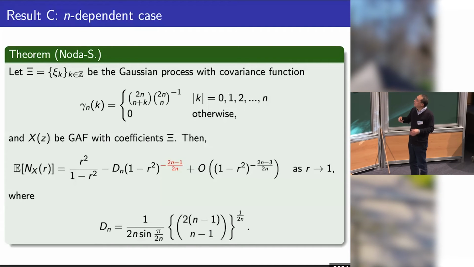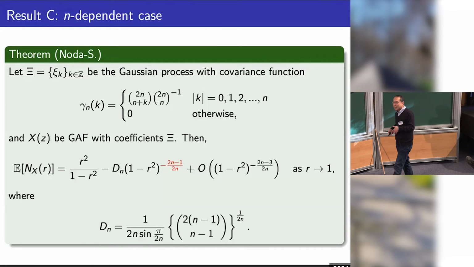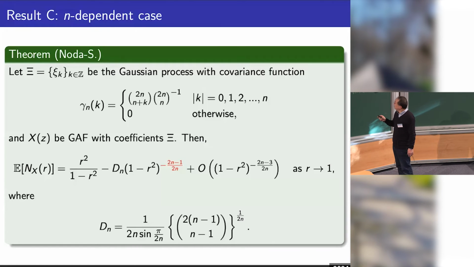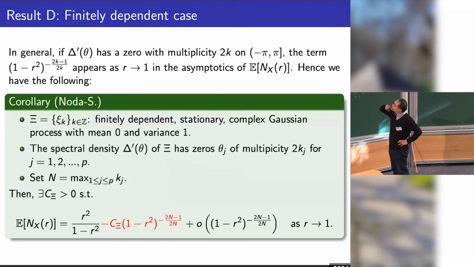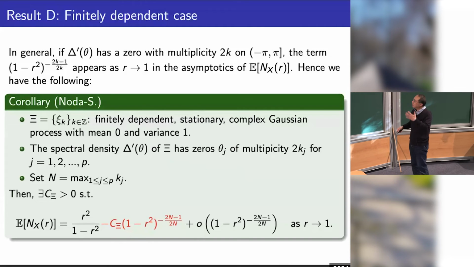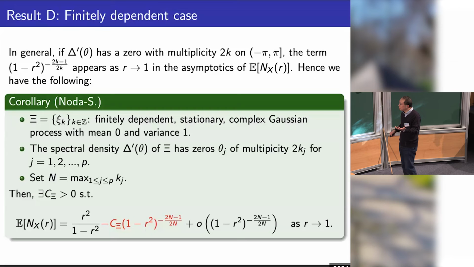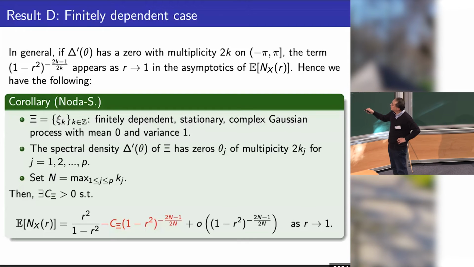Anyway, for the finitely dependent case, we can see the following. This is a summary of this observation. If you have a finitely dependent stationary complex Gaussian process, and the spectral density is a trigonometric function, you consider the maximum of the multiplicity of the degeneracy.